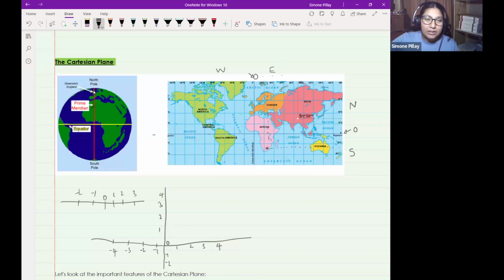Now I'm drawing this other axis right in the center of that. This is my middle point, and I'm making this middle point also be 0 for my vertical number line. Then I'm going to go 1, 2, 3.